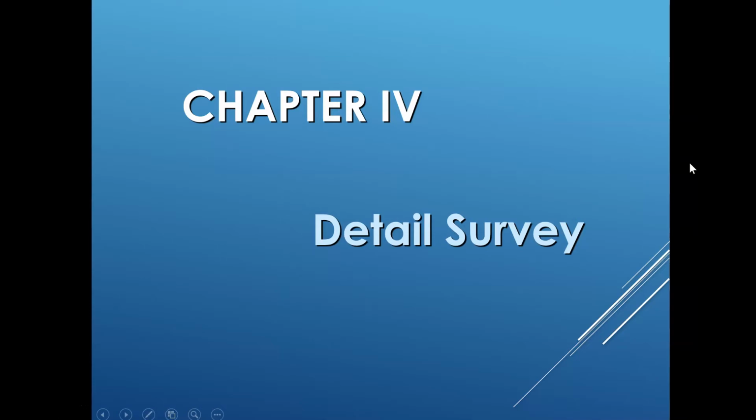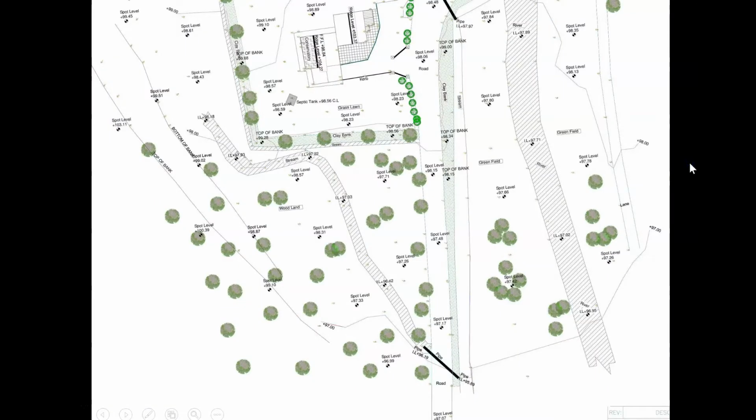We have learned about establishing horizontal control as well as vertical control. Now is the time to apply what we have learned in producing a map, or to be more precise, to conduct a detailed survey.